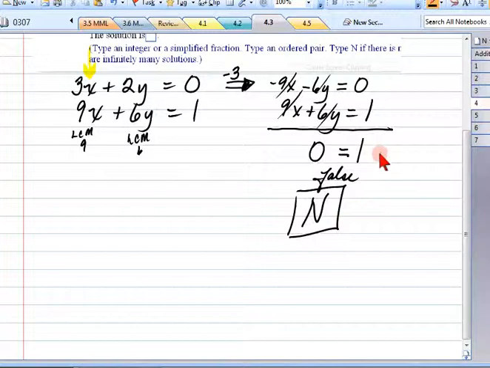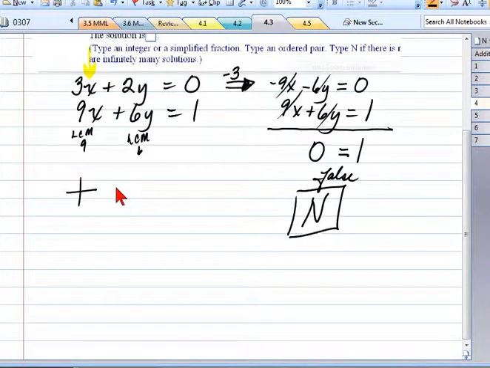What would the statement look like an example of if it were supposed to be infinite? The same. 0 equals 0. 1 equals 1. 9 equals 9. I will tell you in addition it's going to be 0 equals 0. But if it's true, it's infinite solutions. If it's false, it's no solution.